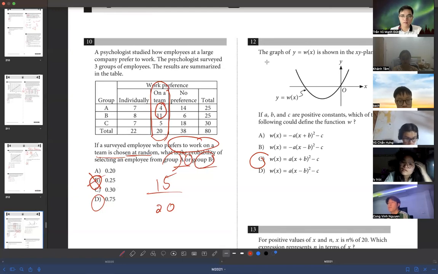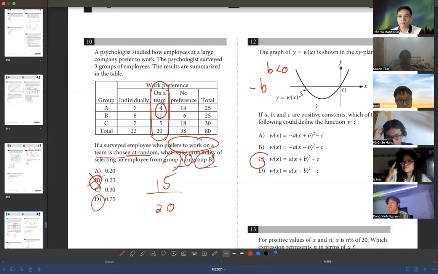Yes, B will be negative. So it will be minus B, right? Yes. It has the shape like that, so A will be positive. Okay, A positive.